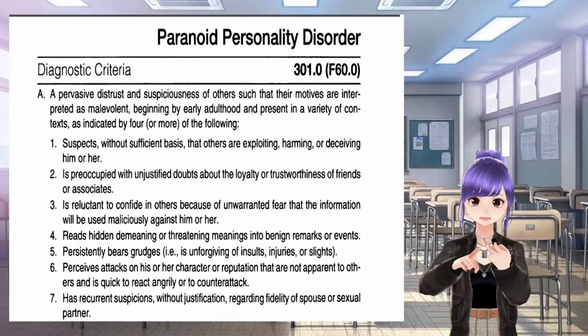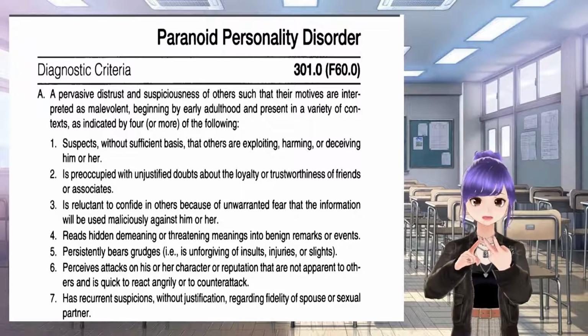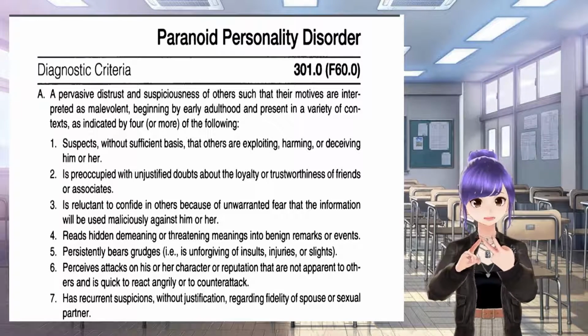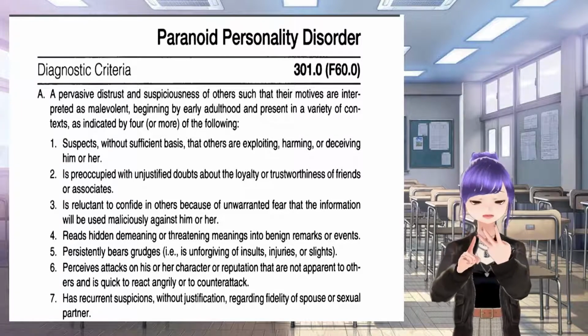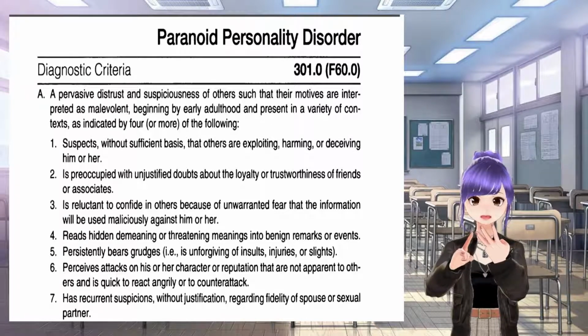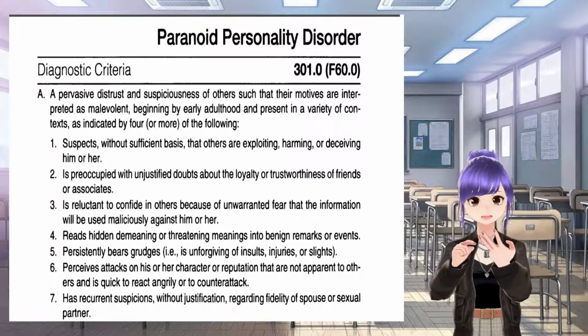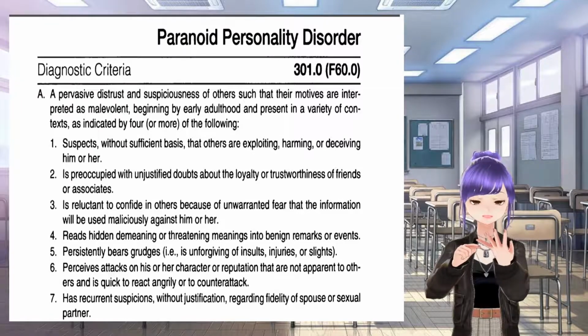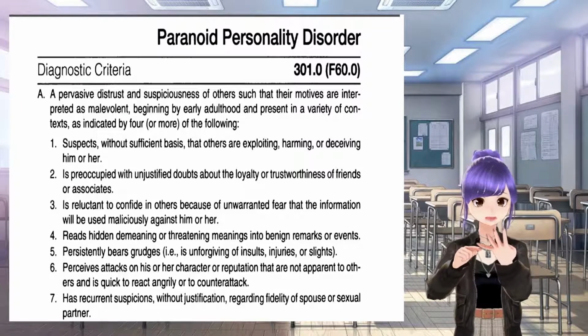Second, it's preoccupied with unjustified doubts about loyalty or trustworthiness of friends or associates. Number 3 is reluctant to confide in others because of unwarranted fear that the information will be used maliciously against him or her. Number 4 reads hidden meanings or threatening meanings into benign remarks or events.